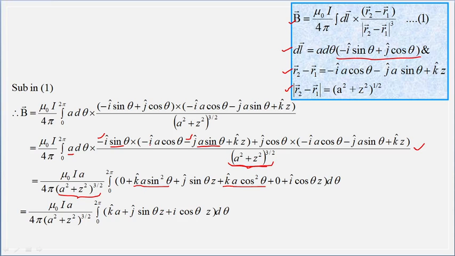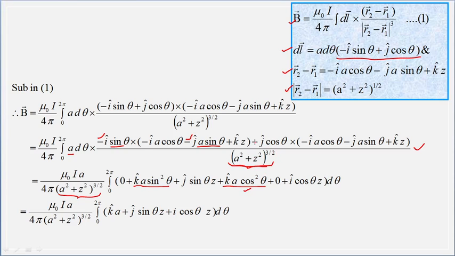So we have evaluated the first bracket. Second bracket, j cos theta minus a cos theta. Now this cos theta into a cos theta is a cos square theta.